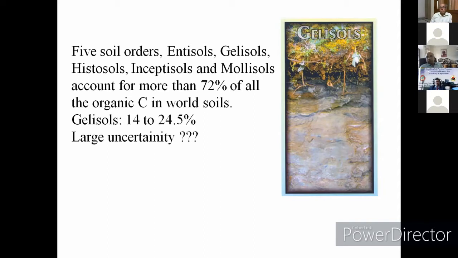So that means they store a lot of carbon. So it's good that they store carbon, but they are also a cause of concern, because when these soils are thawed, they are in permafrost. When the conditions are anaerobic and they are thawing, they emit methane. Methane has a much higher global warming potential compared to CO2.